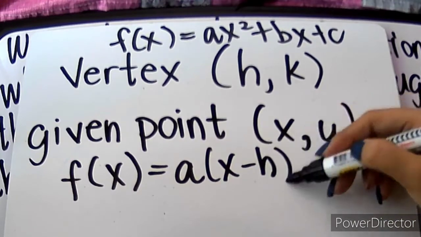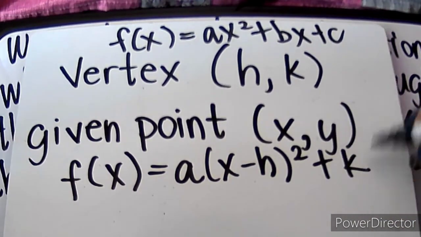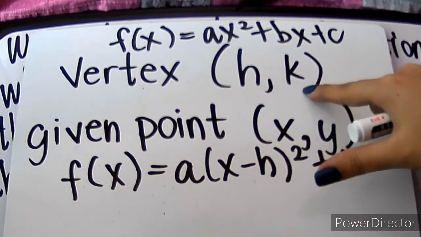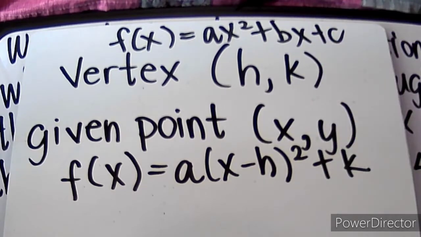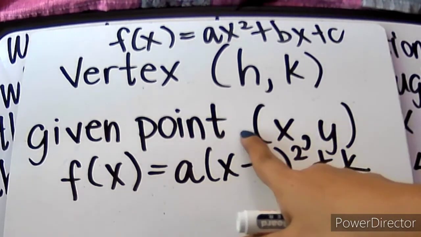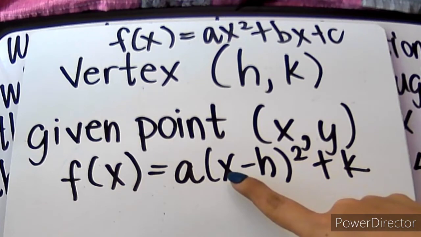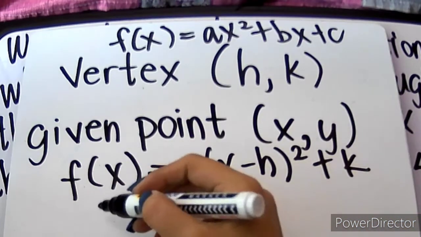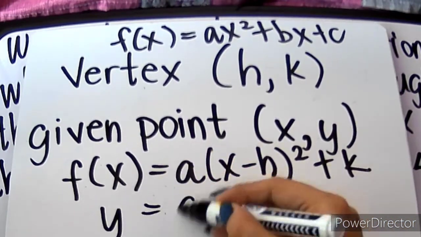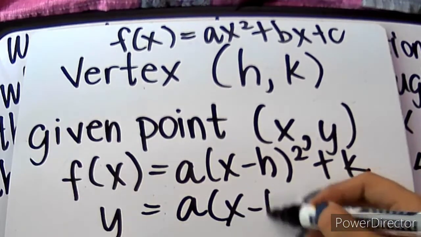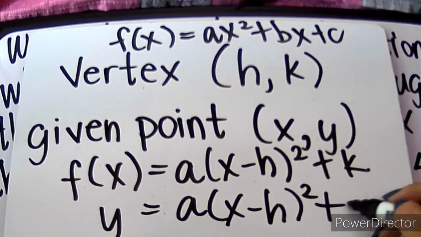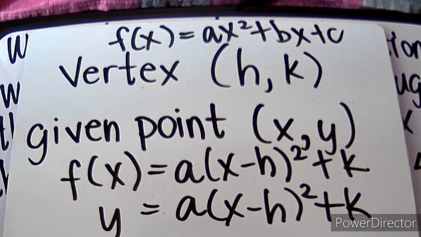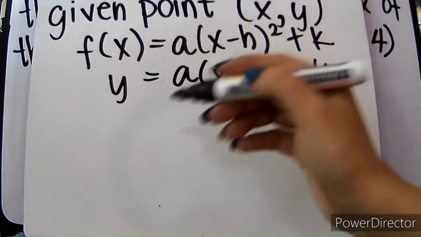Yung vertex form. Kasi nga, given yung ating h, k, which is our vertex, and then given din yung point, which is yung x and y. And yung f of x yun yung magiging y natin. Okay. Para mahanap yung ating a, meron akong ginawa diyang formula.